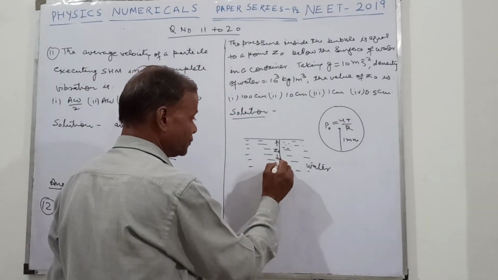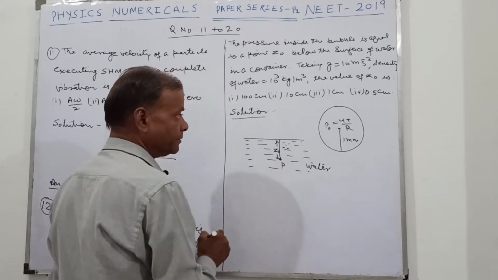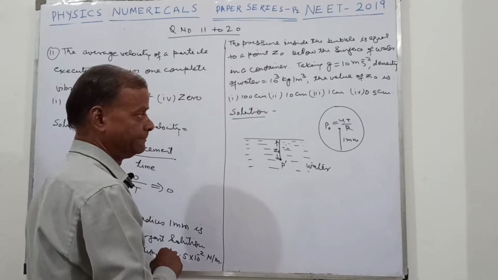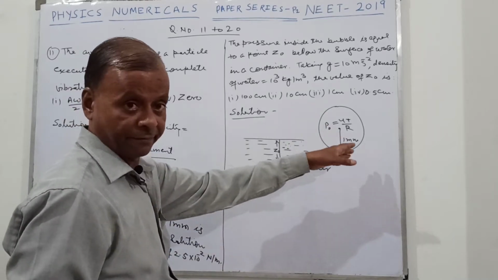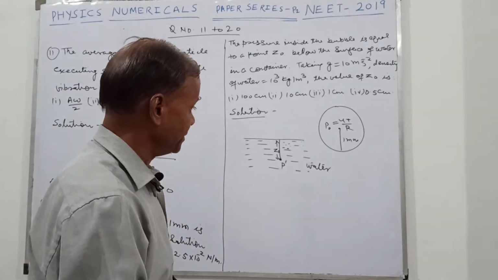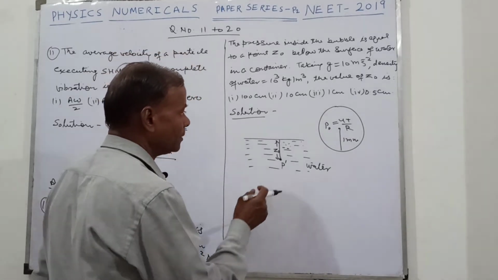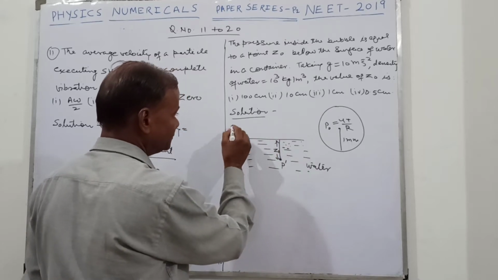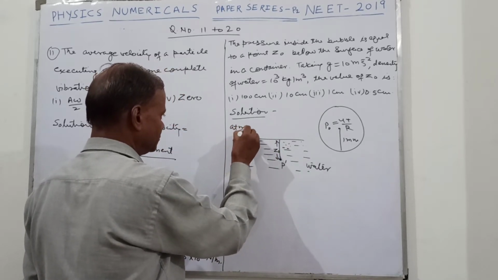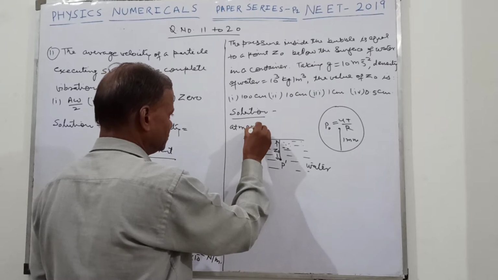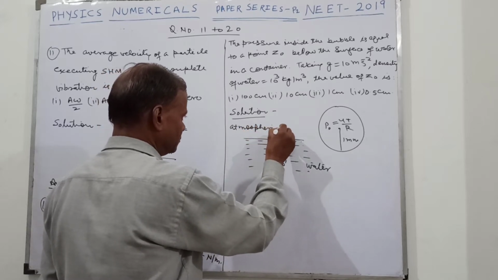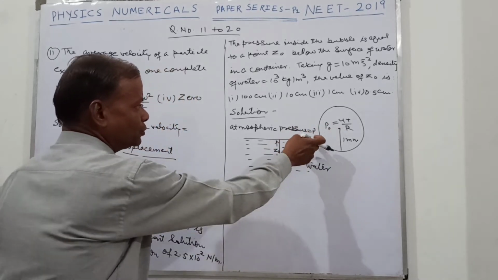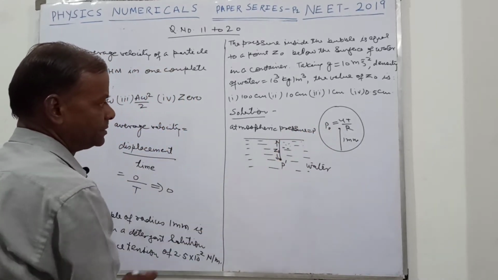Here this is the pressure P dash. On both the cases the atmospheric pressure is also acting, on this bubble and also at this point Z0.